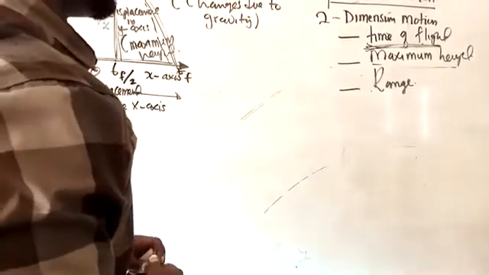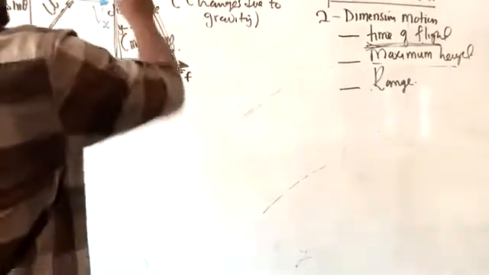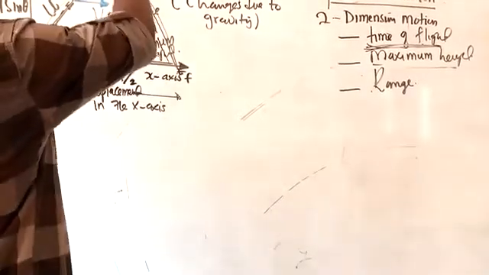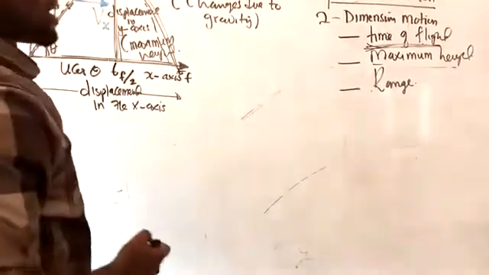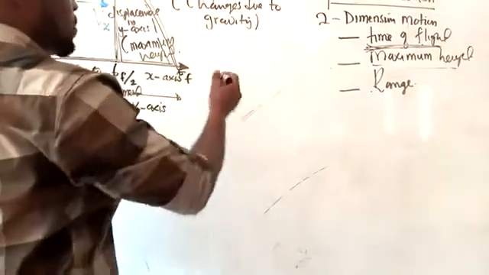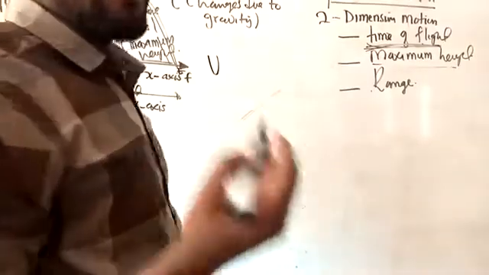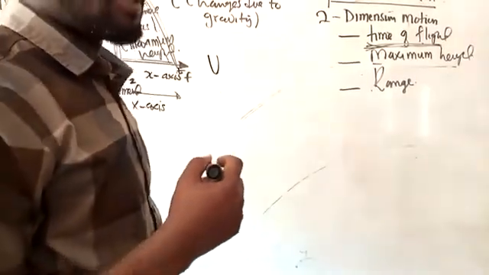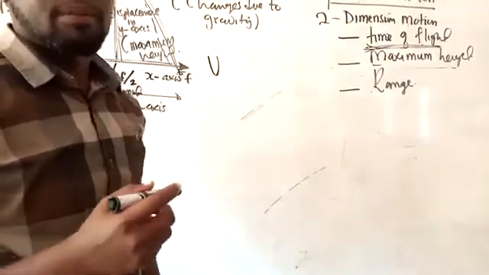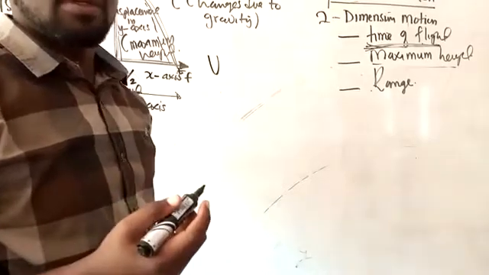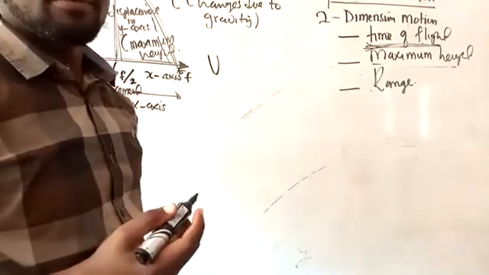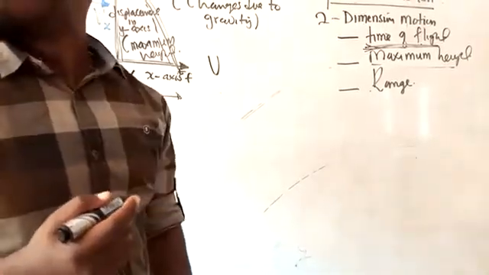Secondly, we look at the maximum height. At maximum height, we take advantage of the fact that Vy is 0. So we look at the last equation of motion. We don't want to use the second one because of what I mentioned earlier. Why are we not using the second equation of motion, for example?